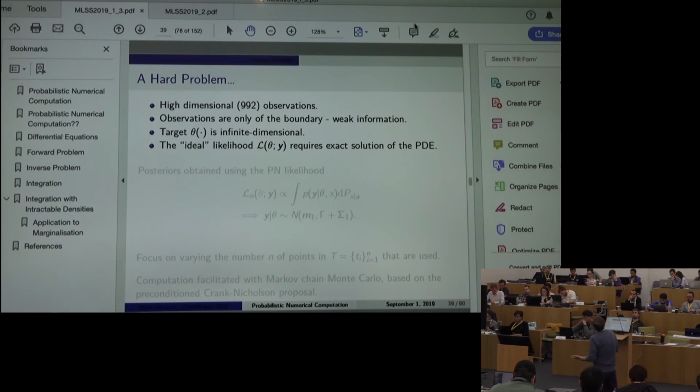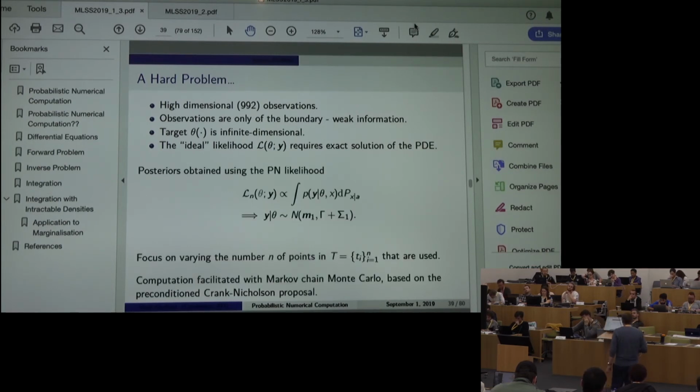And of course, the ideal marginal likelihood of the observed or the measured voltage patterns would require the exact solution of the PDE, which, as we know, we can't solve. So we use the machinery that we've just introduced and use the probabilistic numerics likelihood.